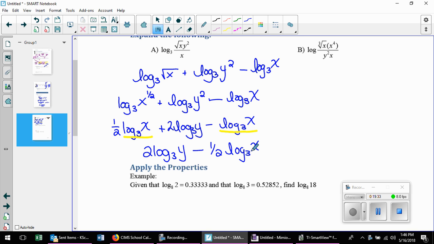People like seeing it as a subtraction sign. They're more comfortable with it than a negative on the front. If you wrote it in the opposite order, you'd be perfectly fine, just as long as you don't drop that negative half. Does that make sense, everybody? You do not have to write it this way. You can write it in the other order.